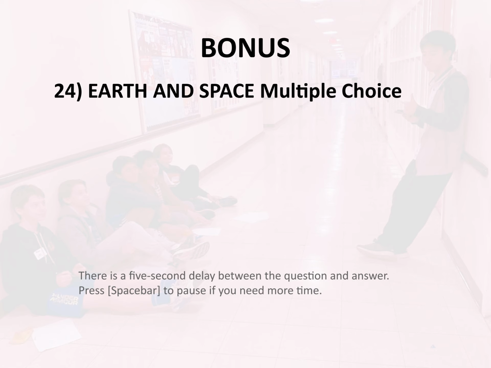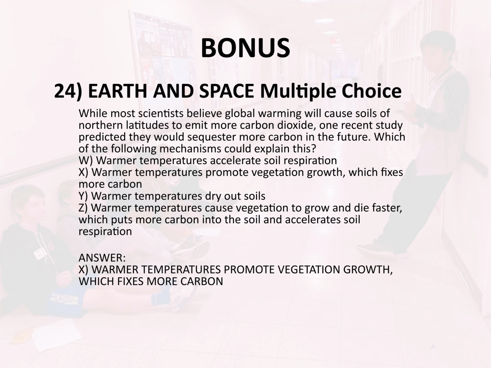Y. Warmer temperatures dry out soils. Z. Warmer temperatures cause vegetation to grow and die faster, which puts more carbon into the soil and accelerates soil respiration. Answer: X. Warmer temperatures promote vegetation growth, which fixes more carbon.